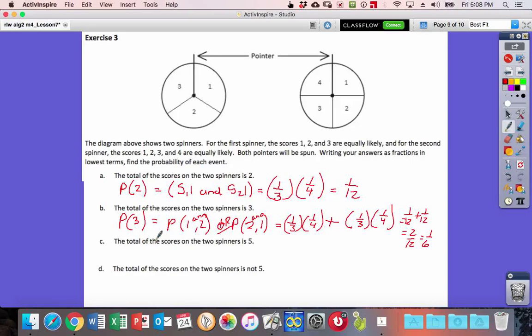Okay, what about the total of the scores from the 2 spinners is 5. Whew, that's going to be a lot. Let's see.